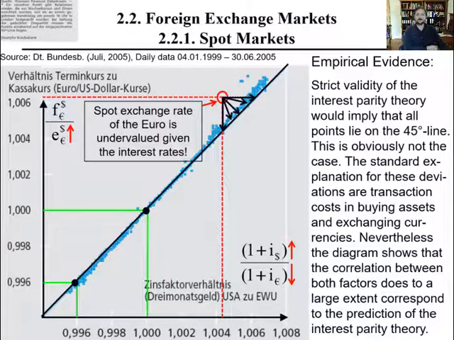To sum up, this diagram shows that the interest parity equation performs quite well from an empirical point of view. So it is in fact something we can rely on.